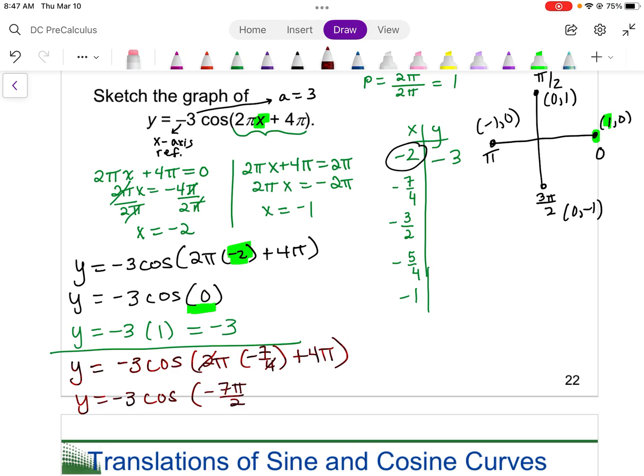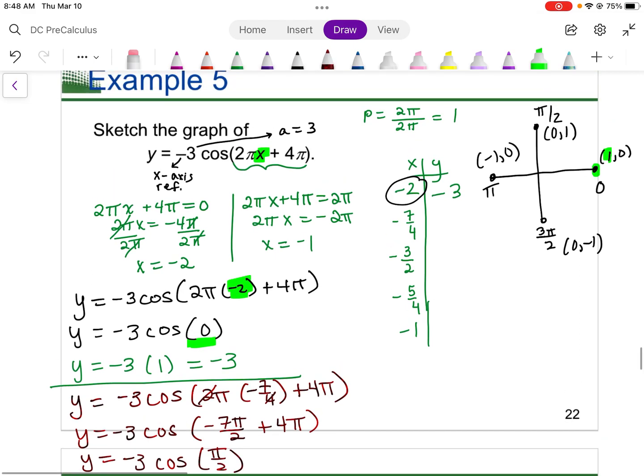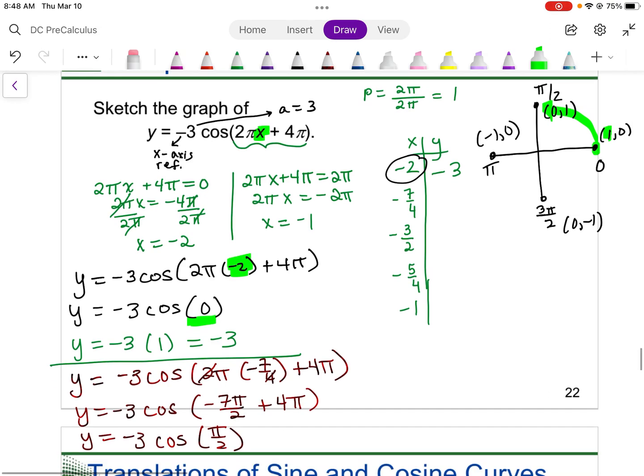I'll have negative 7 pi over 2 plus 4 pi. Well, that's negative 3.5 plus 4, which is 1/2, which takes me to the next location on my unit circle, pi over 2. So again, I'm reading my x value there. My x value at pi over 2 is 0. And negative 3 times 0 is 0.